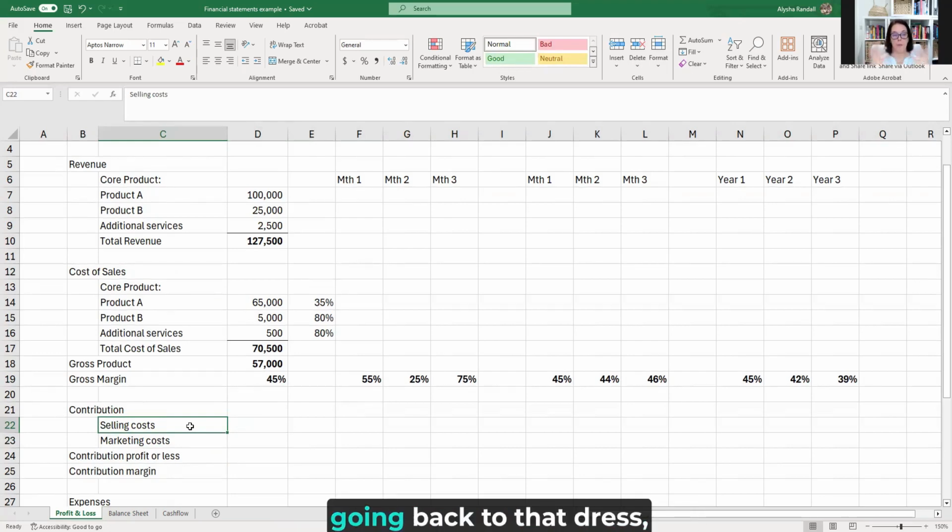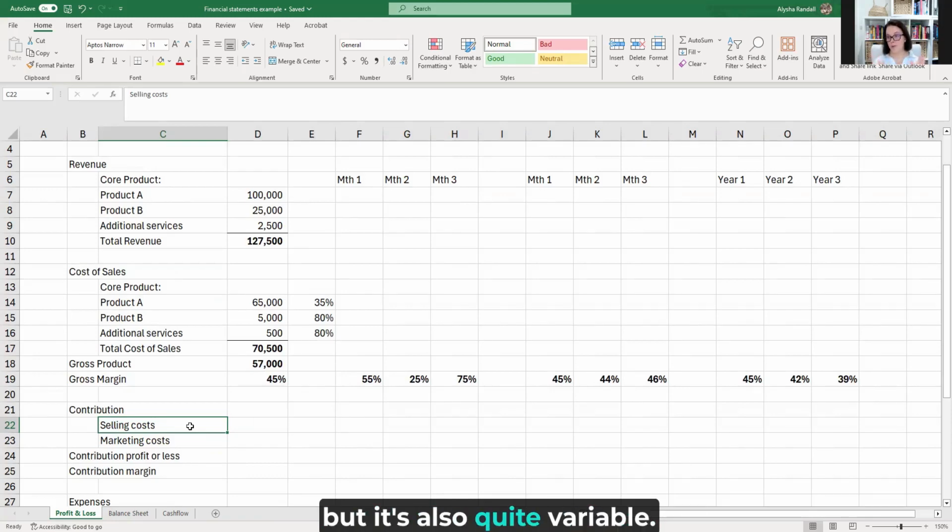So for example, going back to that dress example, if you sell a dress in month one, you have to pay for that dress to get to the customer regardless. Otherwise you're going to get a refund request. However, the amount you spend on selling and marketing, you have full control over. So you can turn on the taps or turn it off.